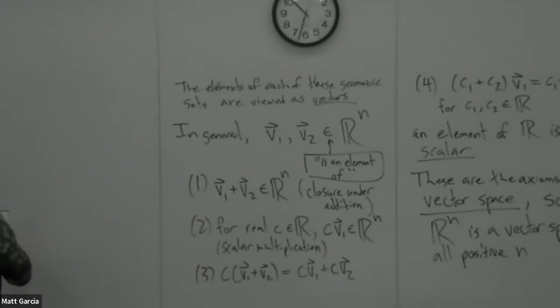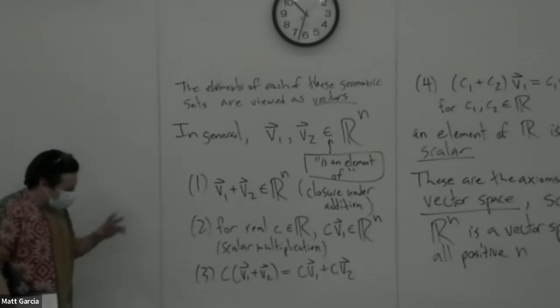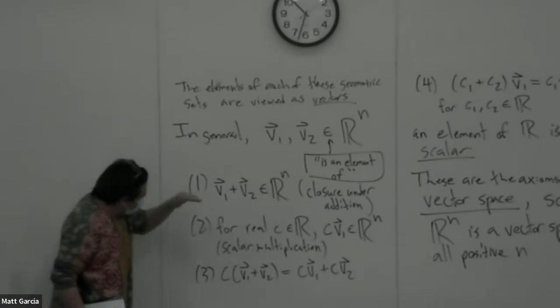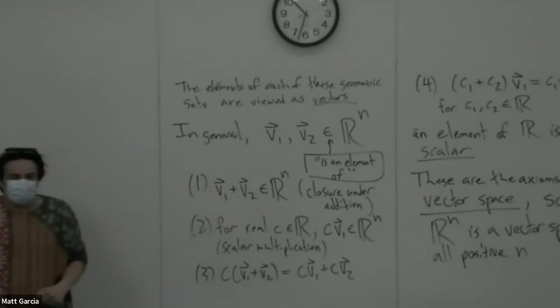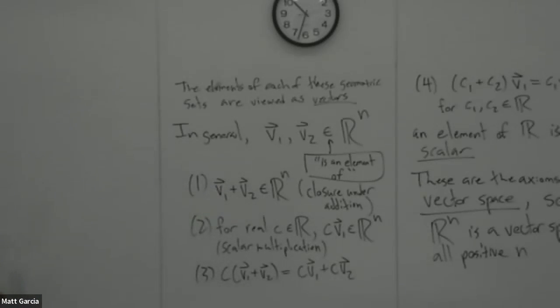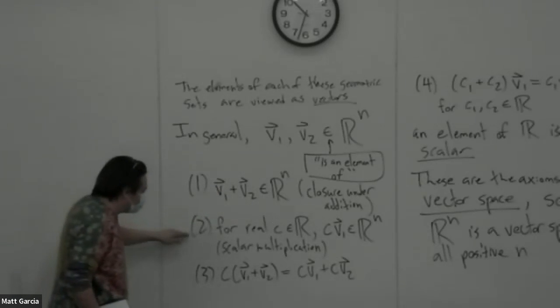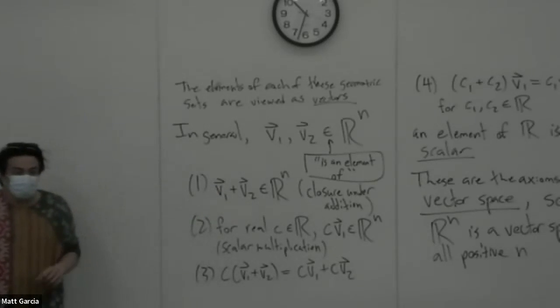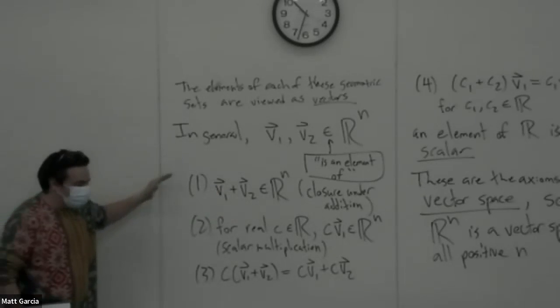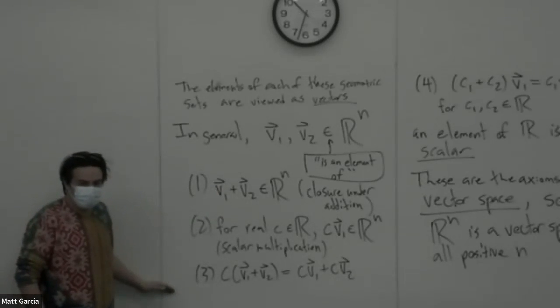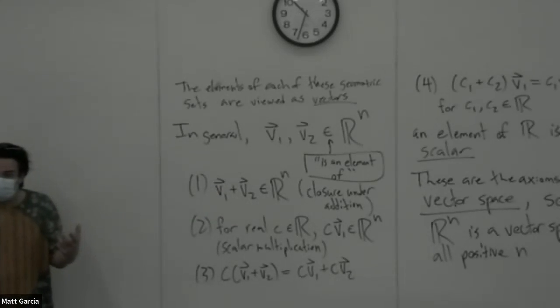Okay, so in general, addition is the key operation that you can do between vectors. Scalar multiplication is also important, but conspicuously absent from this list of axioms is a way to multiply vectors. Okay?